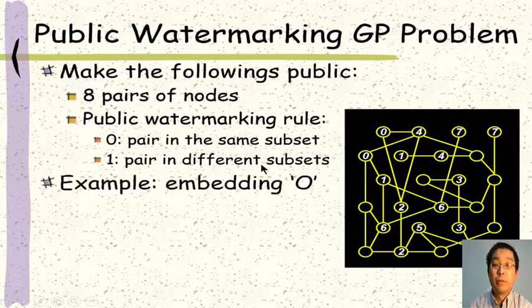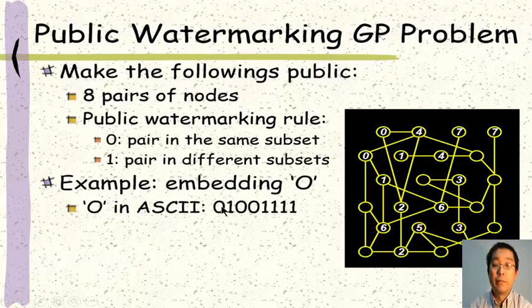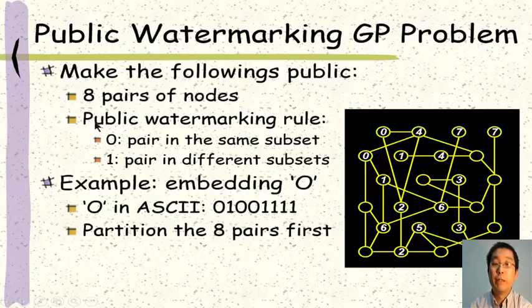For example, if we want to embed a capital letter O, let's assume that we encode O in ASCII code and add the parity bit. What we do is, we first partition the 8 pairs following the public watermarking rules. For example, the leading bit is 0, which means that the two 7s will be in the same subset.